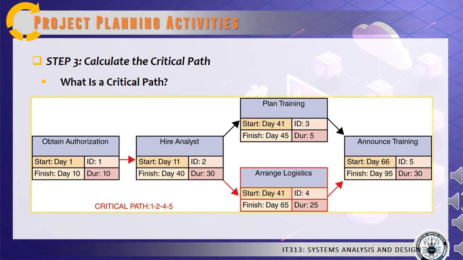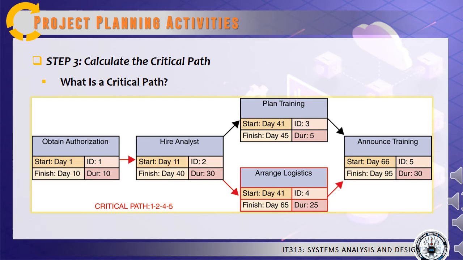In this case, task 4 is the controlling factor because task 4 finishes on day 65, which is 20 days later than task 3, which is completed on day 45. Therefore, the start date for task 5 is determined by the finish date for task 4.